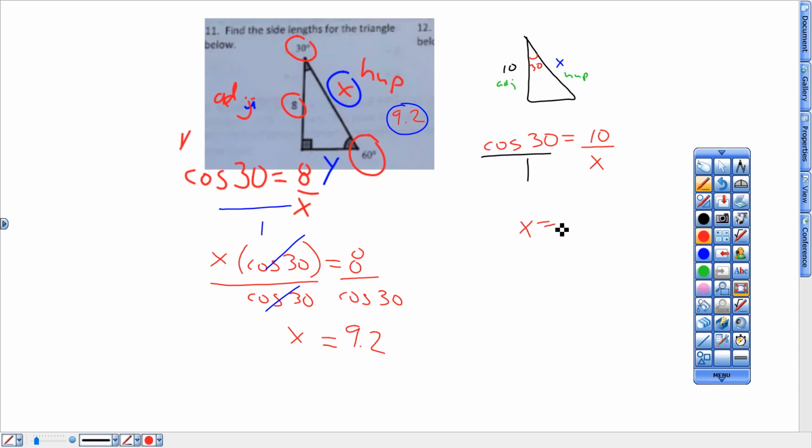So technically this is cosine 30 times x. Remember when you go one way? X times cosine 30 is cosine 30x, and then I crisscross this way, and that gives me 10. So to solve for x, technically you're dividing both sides by cosine 30.